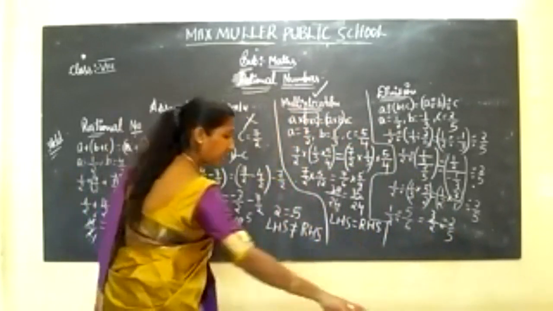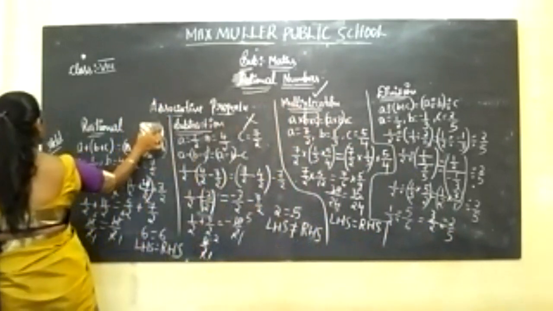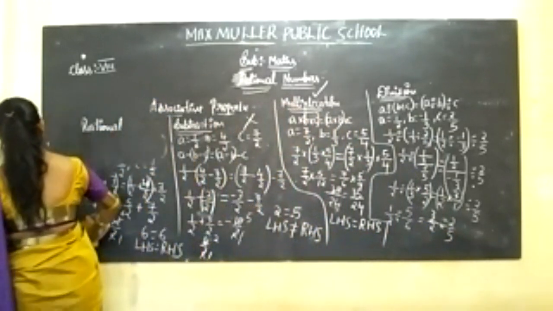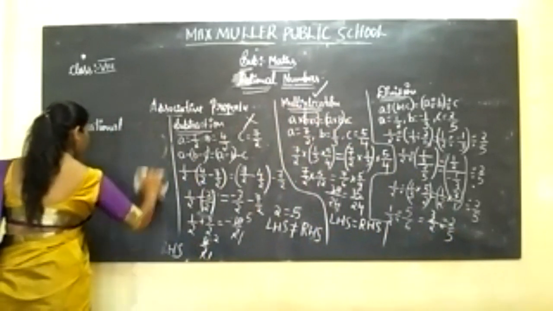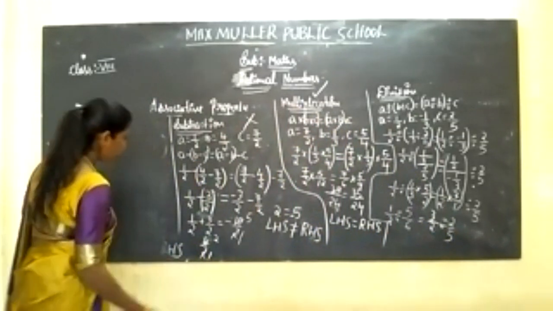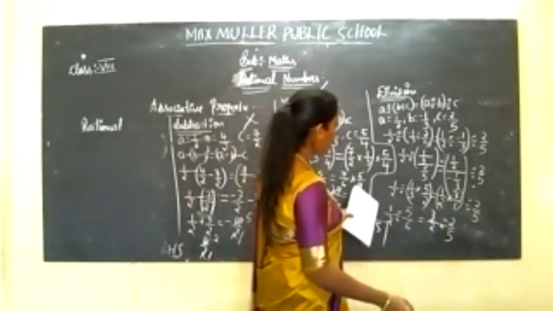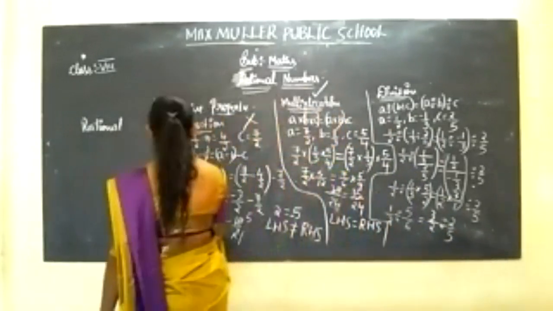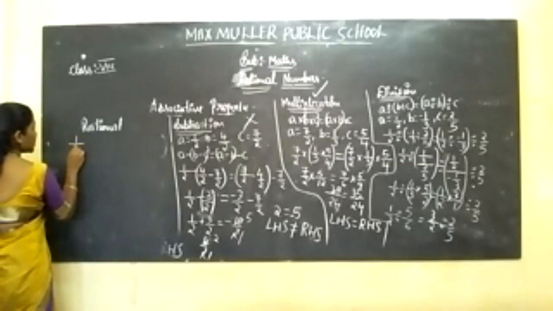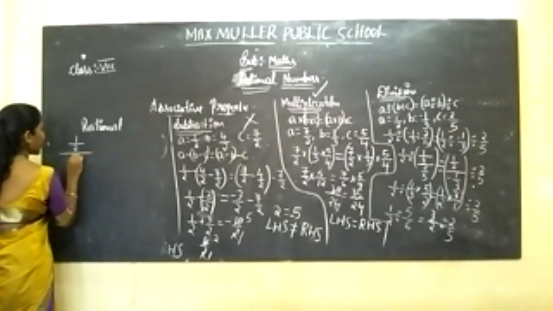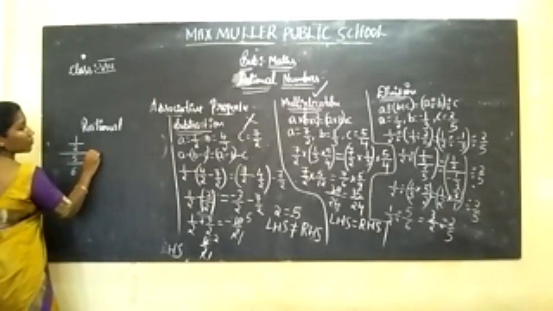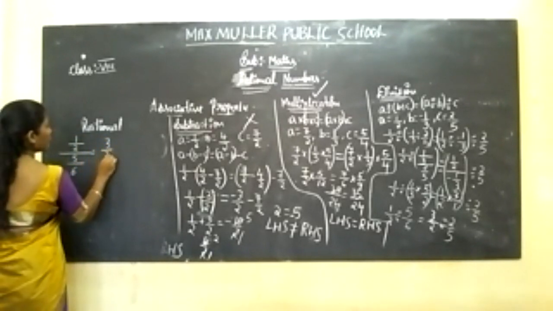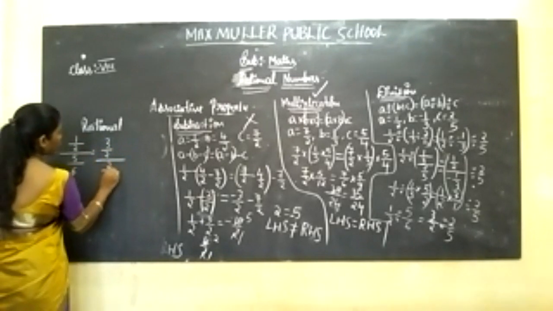So let me erase this. For addition, it holds good. You have solved. So we'll see here 1 divided by 2 divided by 5 by 6. You will write like this, 1 divided by 2 whole divided by 5 by 6 is equal to 3 by 2 whole divided by 2 by 5.